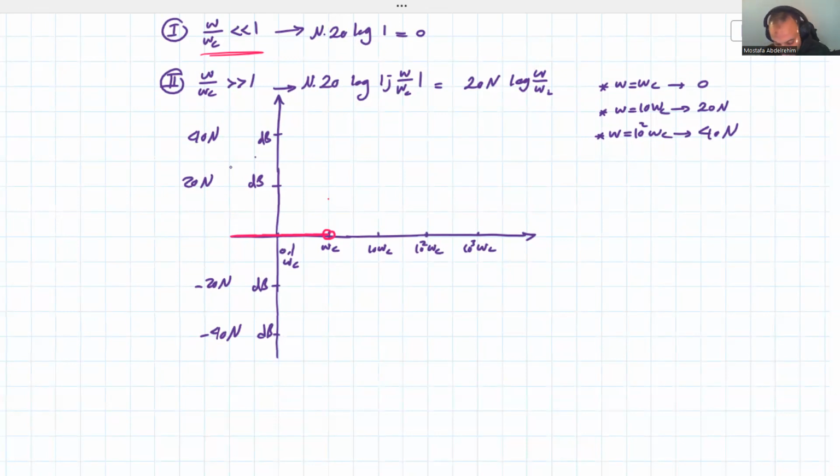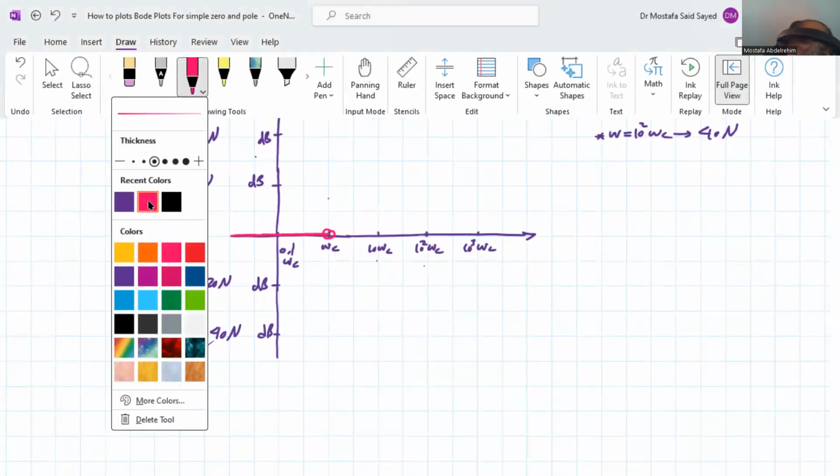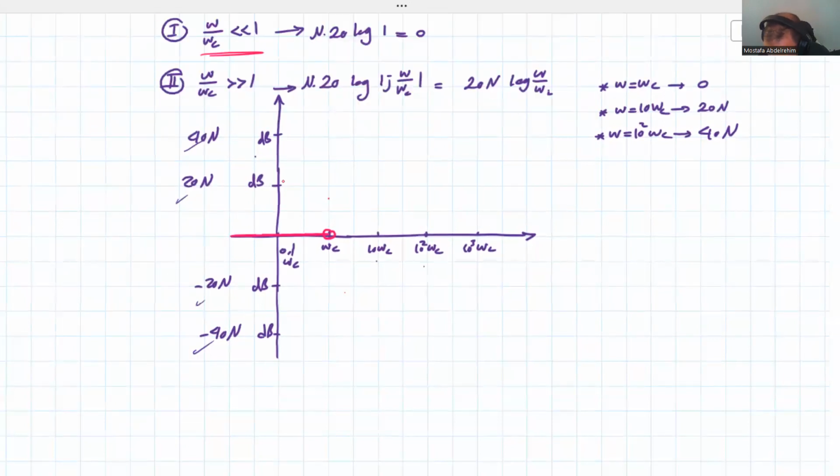In a real example, you're going to know n and omega c, don't worry. So you're going to have numbers here instead of 0.1 omega c. For example, if omega c is equal to 10, this will be 1, this will be 10, 100, 1000, and so on. And n is going to be known, for example n equal to 2. So this will be minus 80, minus 40, 40, 80. Okay, so don't worry about that. So 10 omega c is 20n, 100 omega c is 40n, and this one 80n, and so on.